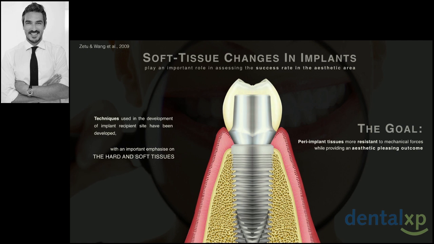You all saw Professor Park's amazing lecture yesterday on how the design of the Megagen implant is all about preserving the bone. So any implant that actually focuses on the soft tissue and the periodontal ligament is something that you should pay a little bit more attention to.